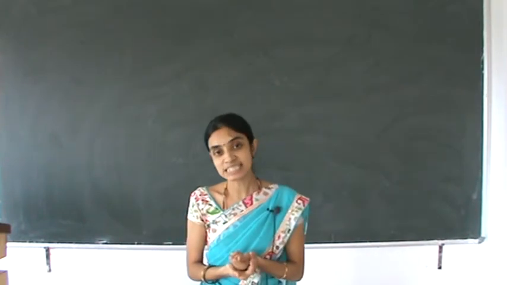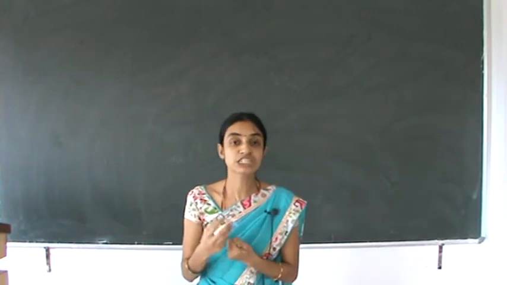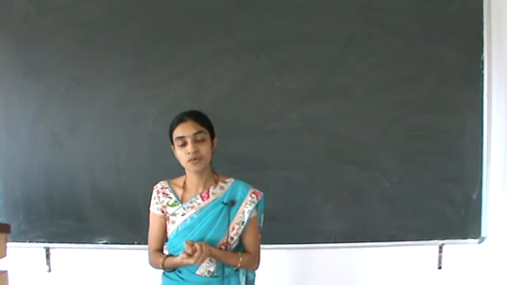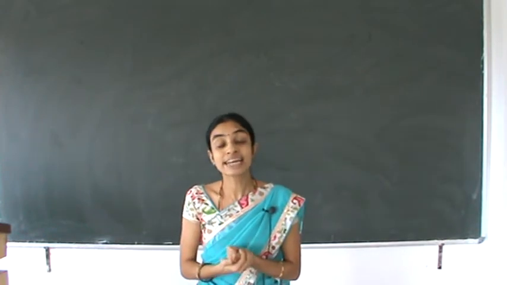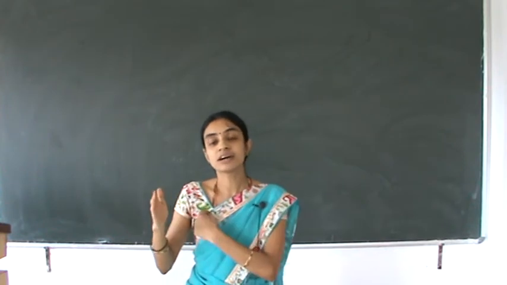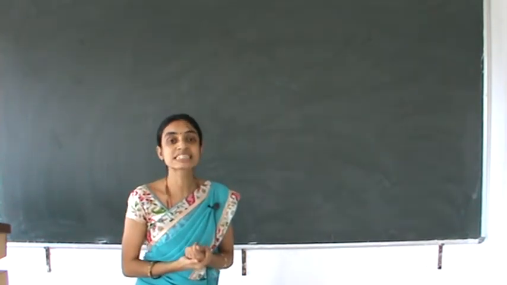Next, in order to obtain a real image, three possibilities are there. When the object is beyond 2f. When the object is exactly at 2f. And when the object is between f and 2f of the given convex lens.